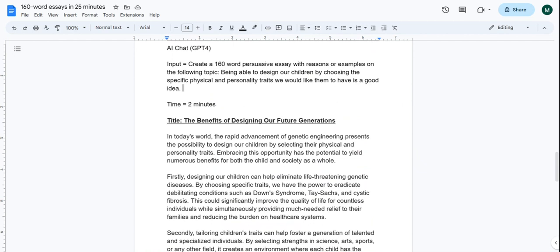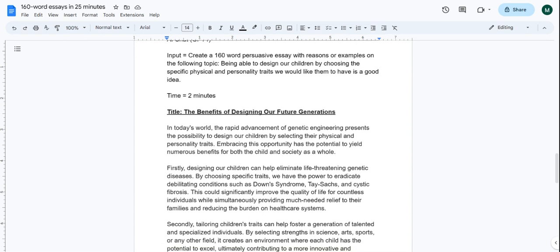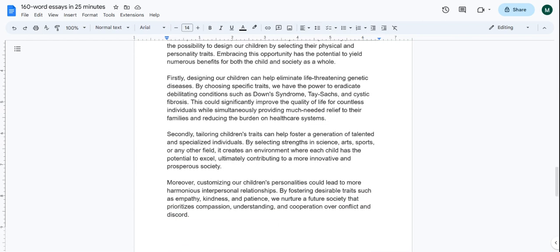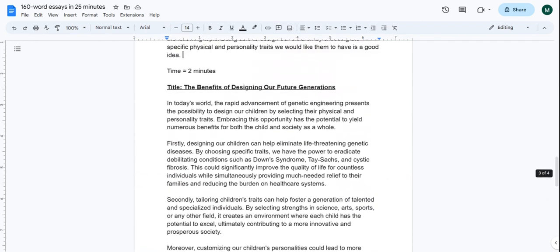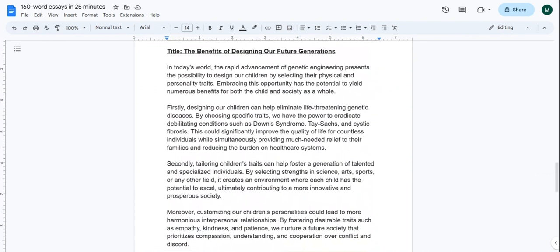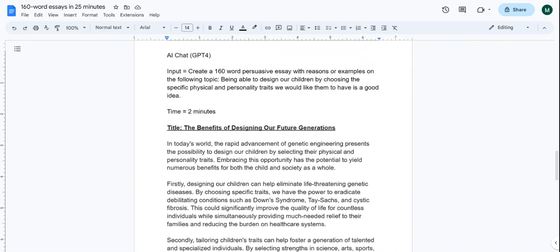So I may need to adjust and say something like, create a persuasive essay, or create a persuasive essay in no more than 160 words. So I may have to adjust the prompt. However, I would like to go ahead and read what the AI created, and just share that with you, writers, because I would really like to examine the human versus the AI element on the same topic.